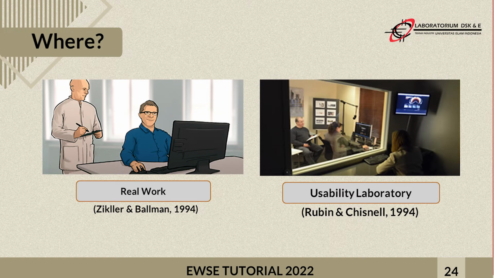In this case, it is adjusted to real conditions and can find out the original response of the respondent directly on the person usually working. While a usability laboratory is a special place of testing that has been set up in such a way as to carry out the test. It has the advantage that it is more conducive to usability testing but has the disadvantage of not knowing the real product quality condition during testing.